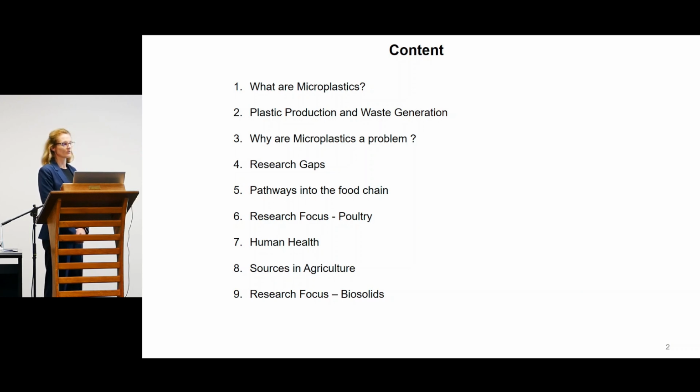I will touch upon human health effects briefly, and Anyame will then give a presentation on sources of microplastics in agricultural soil, and he will also detail his research in terms of biosolids use.